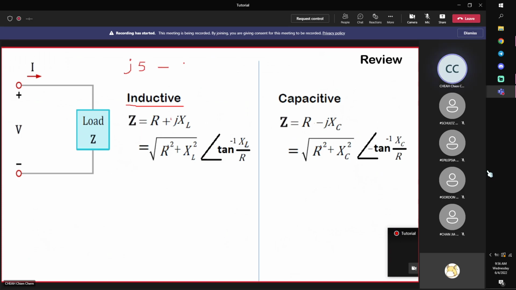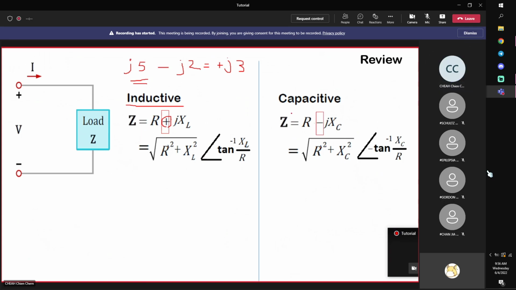If I connect a capacitor of negative j2, overall it is positive. So my inductor dominates over the other component, the capacitor in this case. Therefore, I get a positive value, which means that it is inductive.